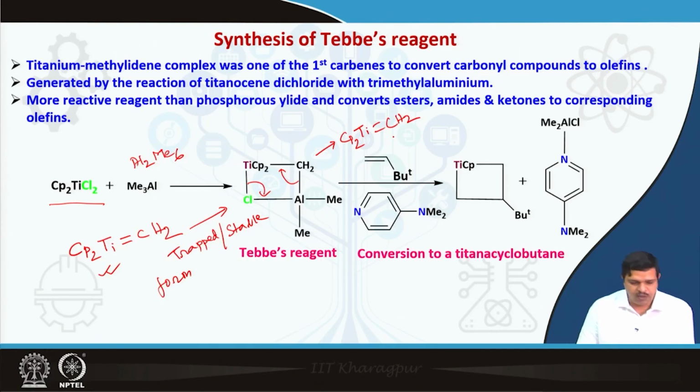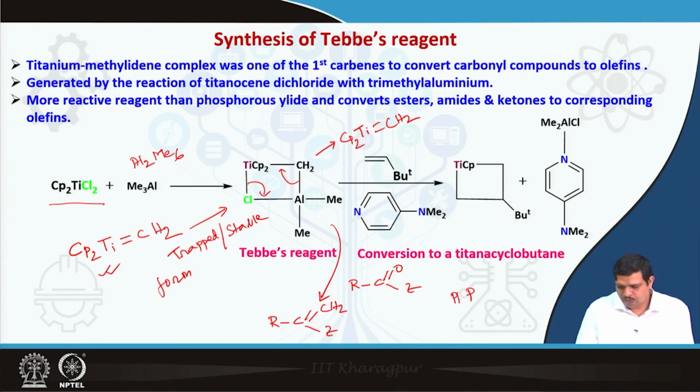You know what is a Wittig reagent. So if you react with this one, okay, any carbonyl compound like this one, so you will get this one. So if you remember, this is the Wittig reagent. So it is actually a better reagent.